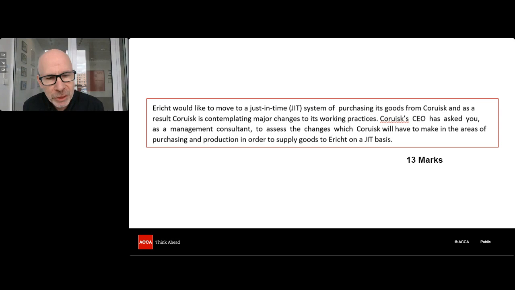They'd like to move to JIT purchasing. They've asked us to assess the changes that we'll have to make in purchasing and production. So guys, I'm going to split those marks in half.